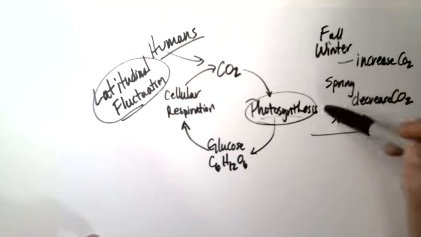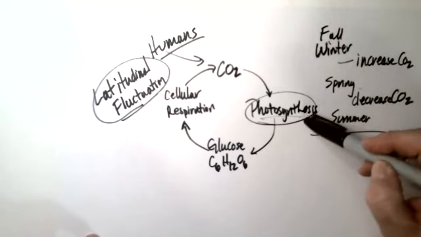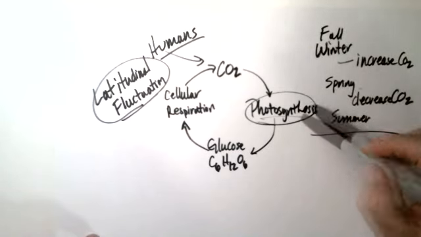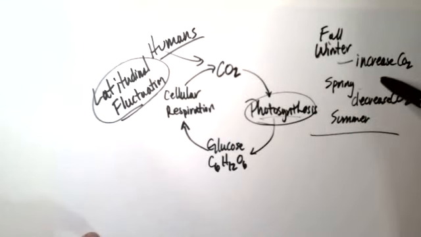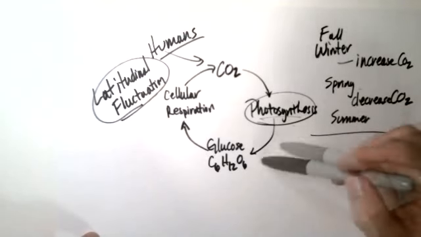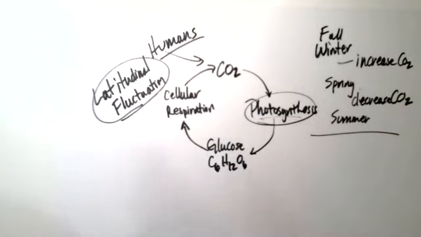In fall and winter, when photosynthesis dramatically decreases, we're leaving more carbon dioxide in the atmosphere, so we see an increase in CO2. Whereas in the spring and summer, when the plants come back and start really ramping up their photosynthesis so that they can produce the fruits, do the job they need to build up the amount of sugars they have, we'll see a decrease in CO2 simply because the plants are converting that into sugars.